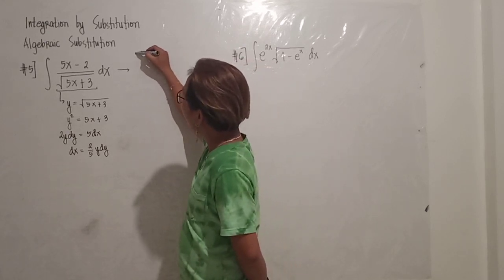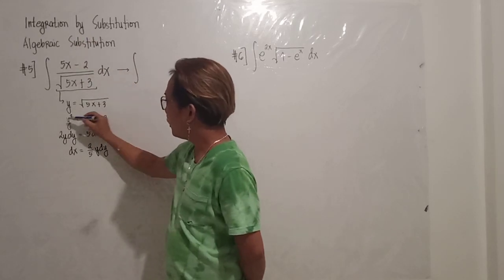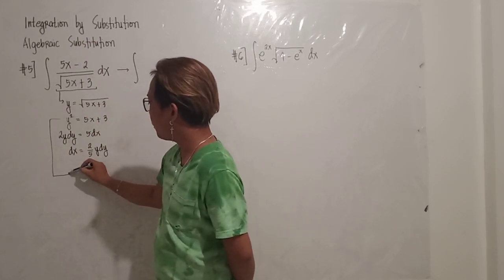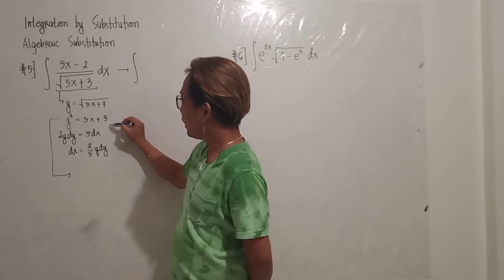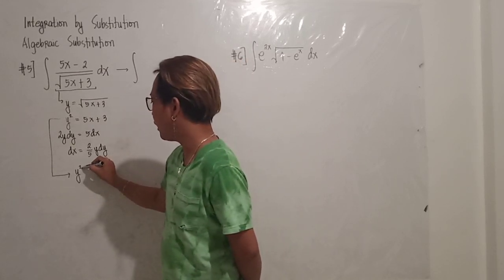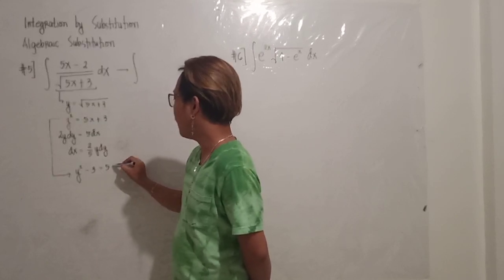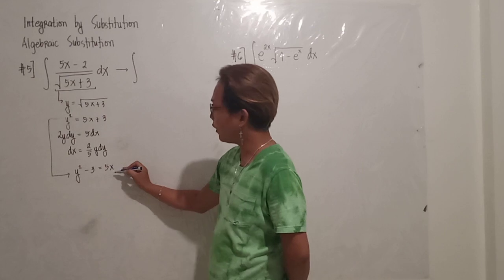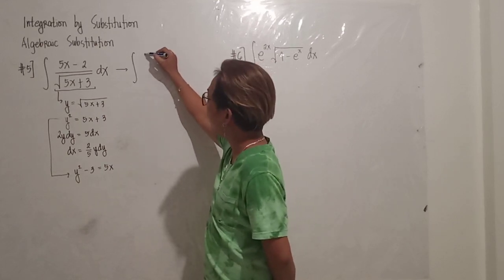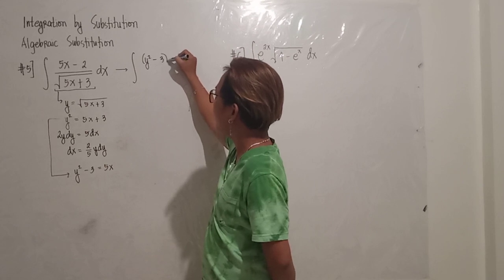You will now have the integral of, you need 5x. You will get the 5x through this equation. Transposing positive 3, it will be negative 3. So you will have y squared minus 3 equals 5x. There you have your 5x. So magkakaroon ka ng y squared minus 3.